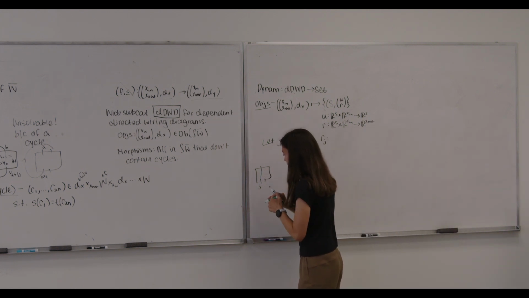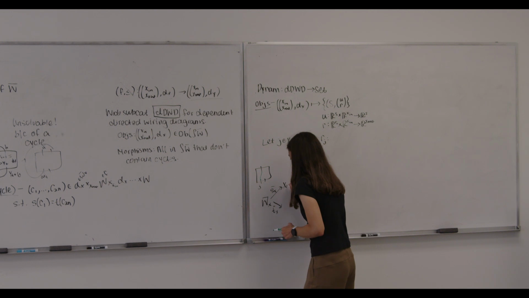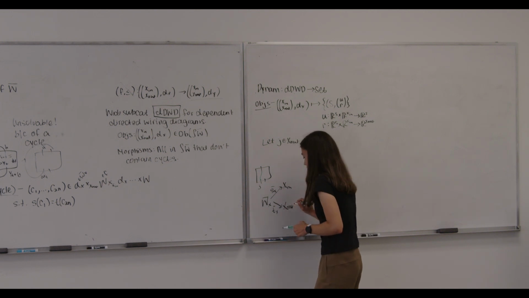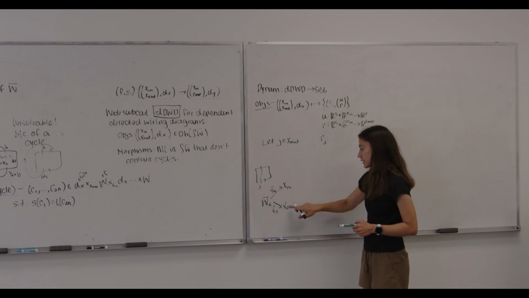So actually, let's write. We have some dependency. We can think of these as wires. This is a set of wires that has source X_in and it has target X_out.